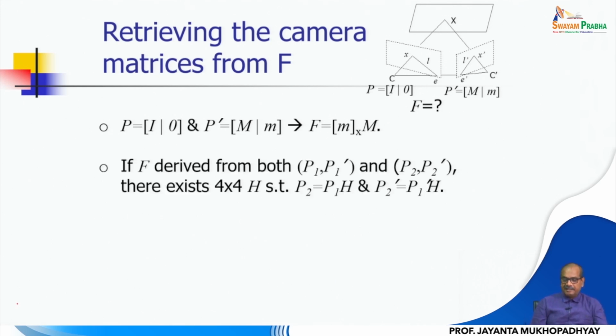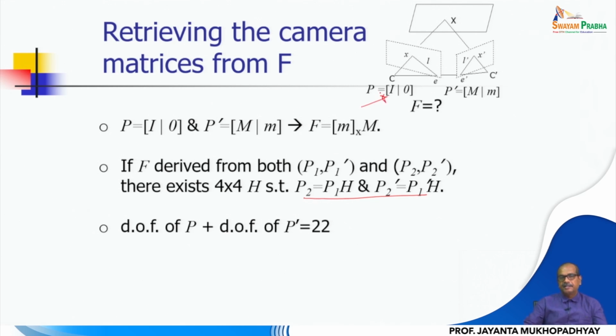So first thing, as I mentioned, if I derive any two such matrices, they are related by this. I have already discussed this thing. And from there also we can try to account for how many independent parameters are there in F. We already know that the number of degrees of freedom in a camera matrix is 11.